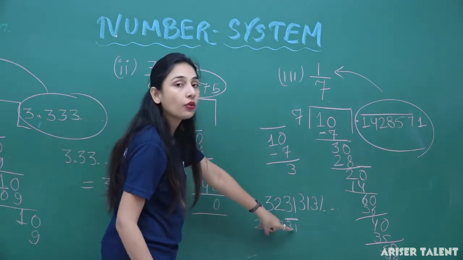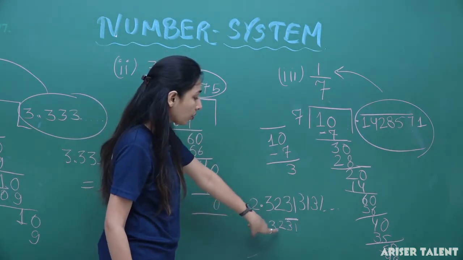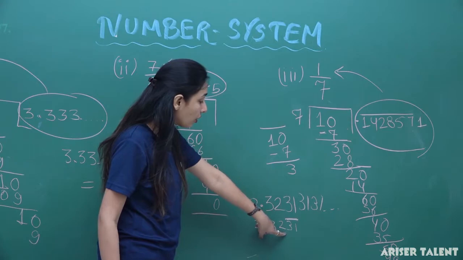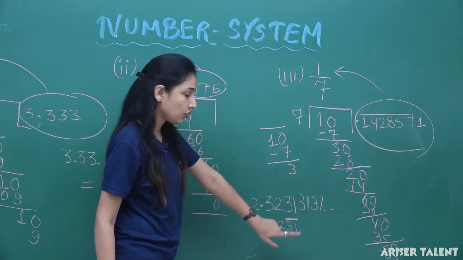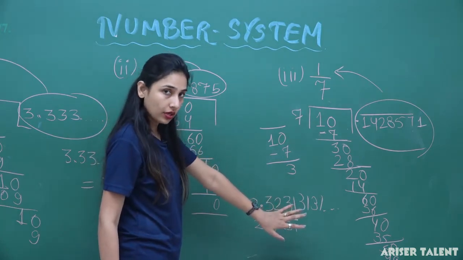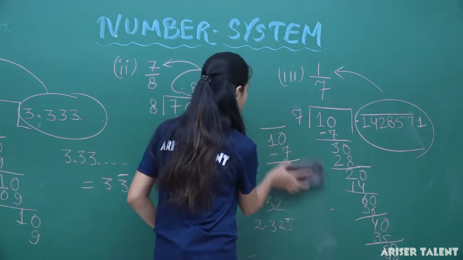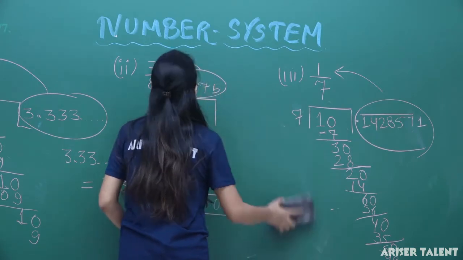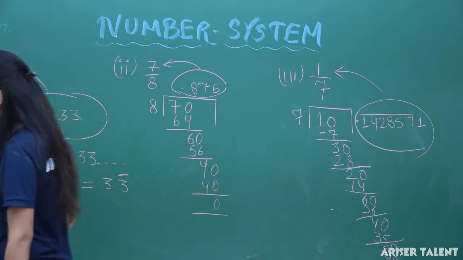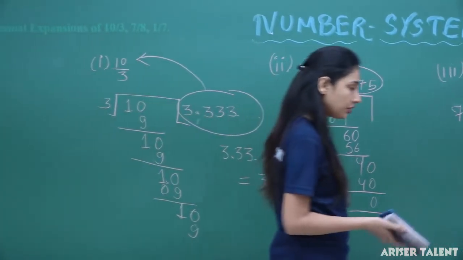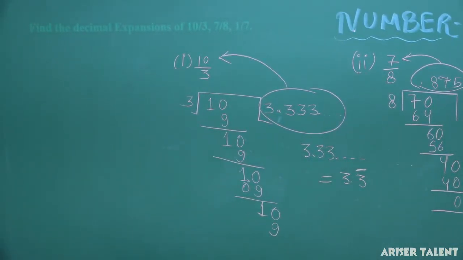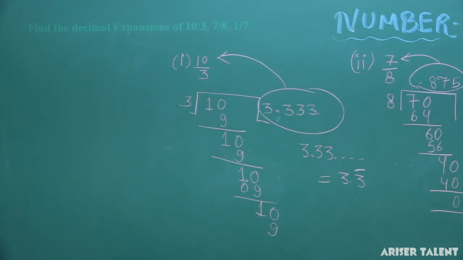So, 31 bar only; you do not put the bar on the 32, only on 3 and 1, because 31 is the one which is repeating, not 32. So, this is the solution for these three. Just note them and we will move forward. Next question. Noted?